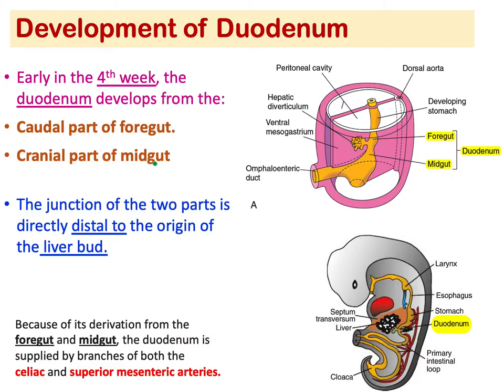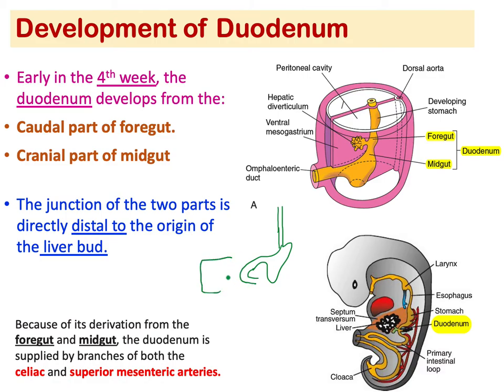Now, let us continue the journey from the esophagus and then the stomach, and now the continuation is the duodenum, which is formed during the 4th week. You know that the duodenum is composed of 4 parts.